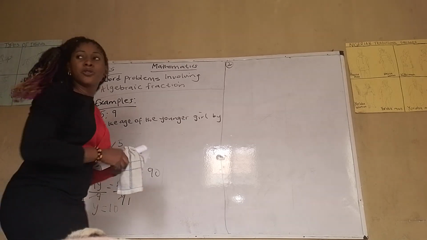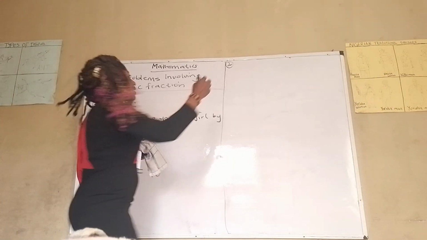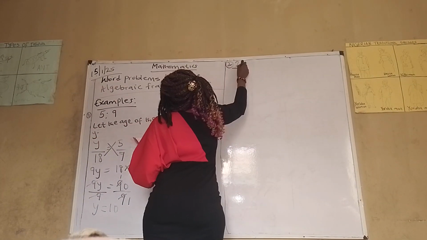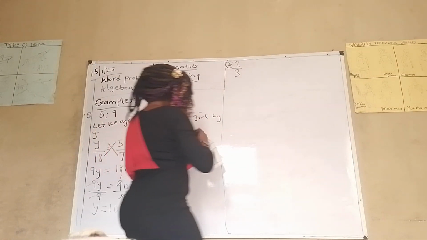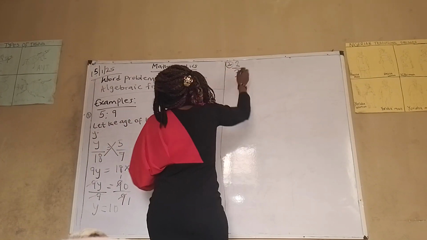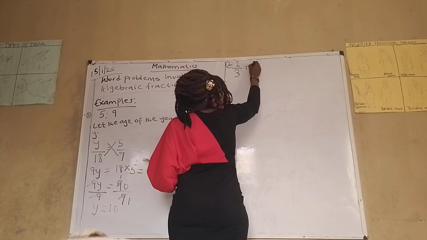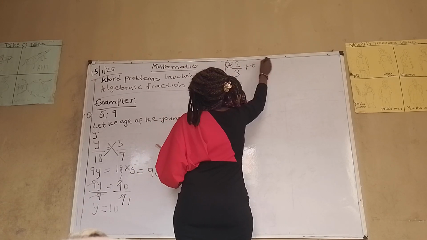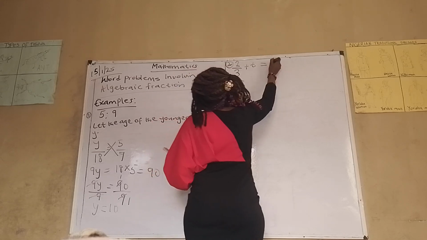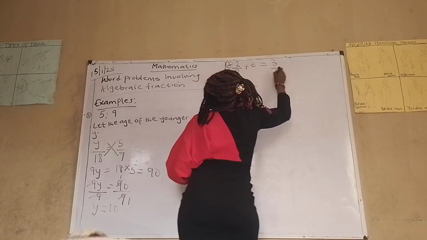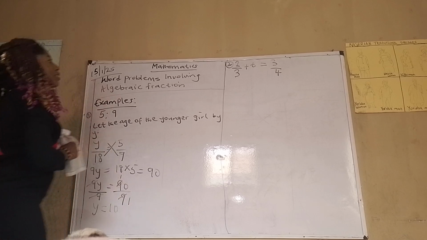2/3. So when we say 2/3, are you seeing it now? They said 2/3 is added to a number. You said that number be t, right? It's going to give us 3/4. We are asked to find the number.